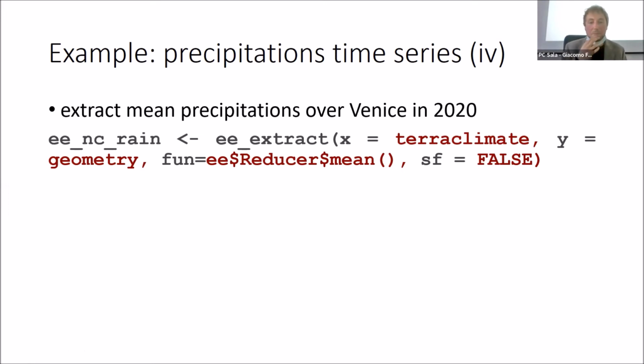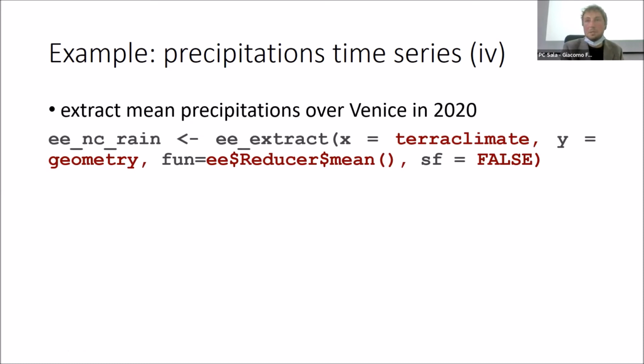And then you will apply this reducer function, a function which is reducing the mean of all the pixels of the rain dataset over Venice. But here you see it's ee$Reducer$mean, but it could be sum, it could be maximum. So it's a function, and there is a whole list of functions you can see in the documentation that you want to apply to extract the data.